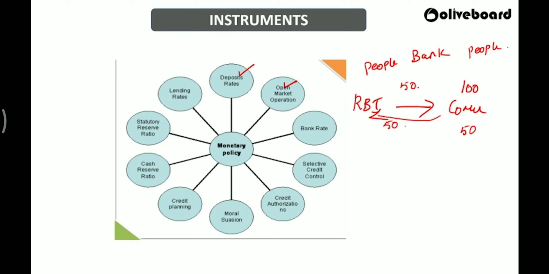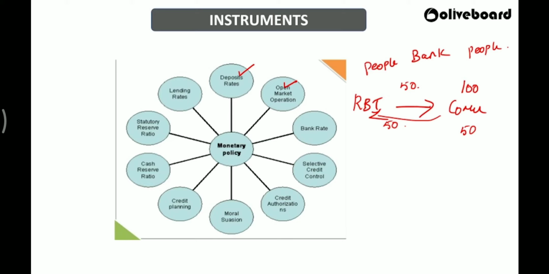When RBI purchases securities from the commercial banks, all right, now what will happen? The money is going from RBI to the commercial banks, and the monetary base in the hands of the commercial banks has increased. So when there are more funds, obviously they will provide them at a better rate of interest, and when the money is available at a better rate of interest, people will borrow and start a production activity, or they may purchase more.